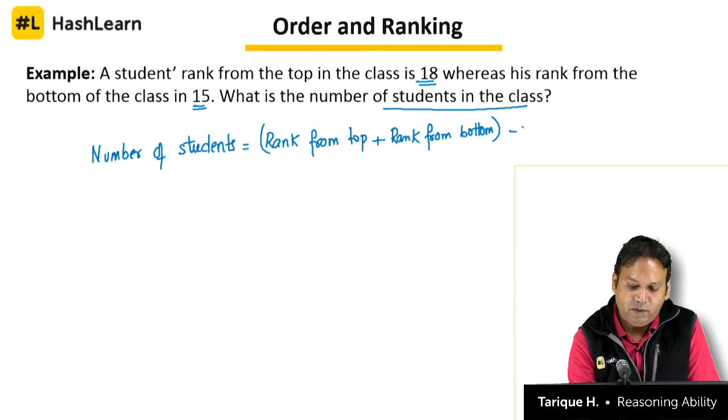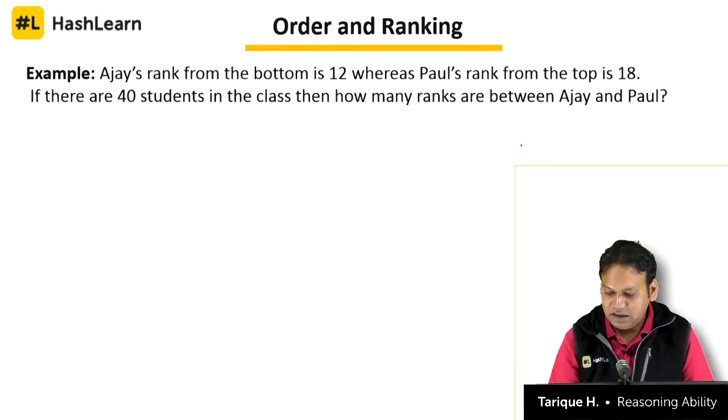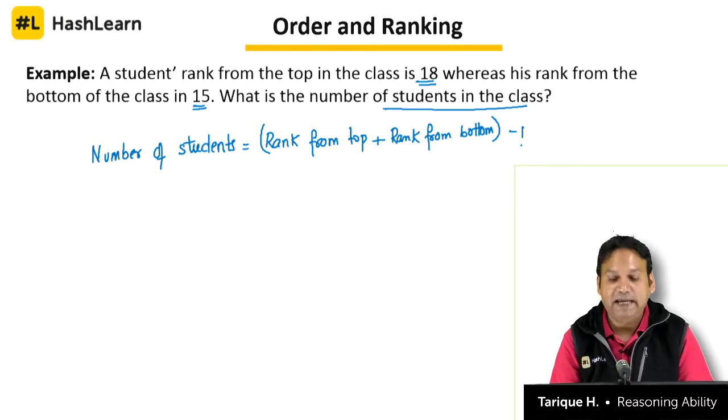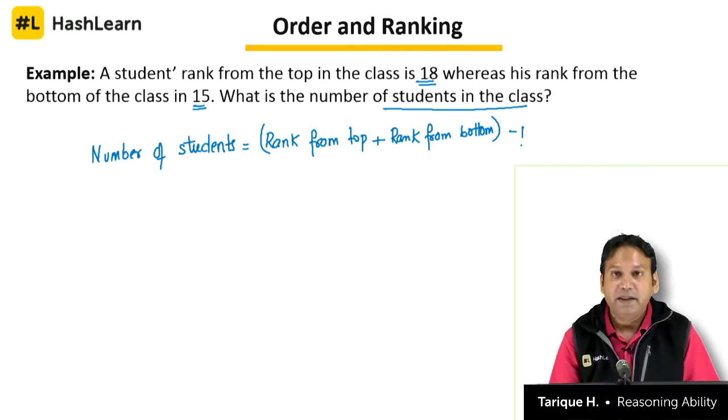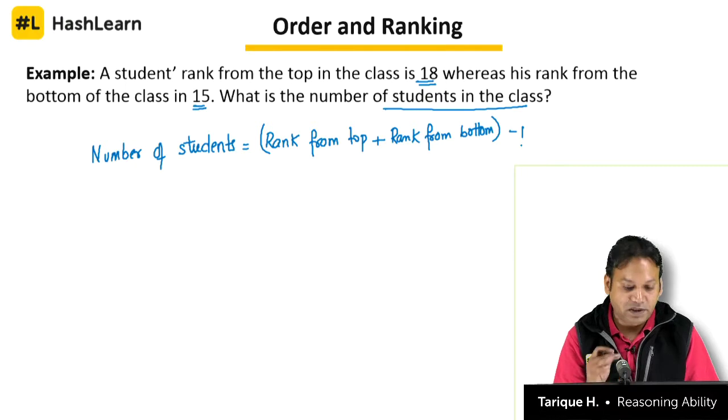This is the formula you are going to use. Number of students in the class is equal to rank from top plus rank from bottom minus 1. It is a fixed formula. When we know the rank of one person from top and bottom, we just add them and subtract 1. That directly gives us the number of students in the class.